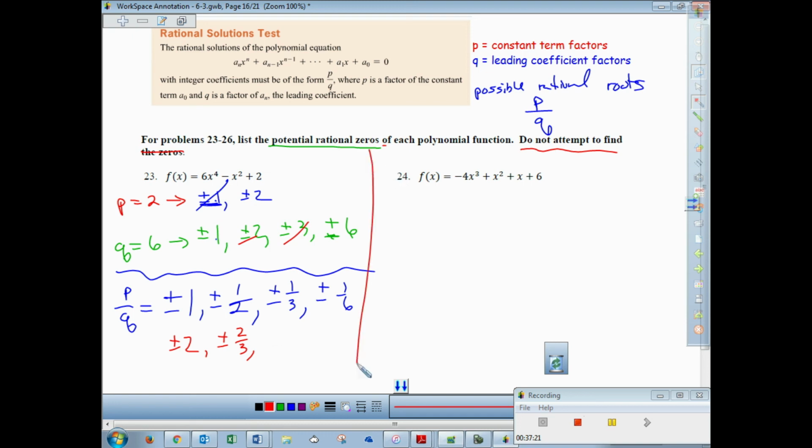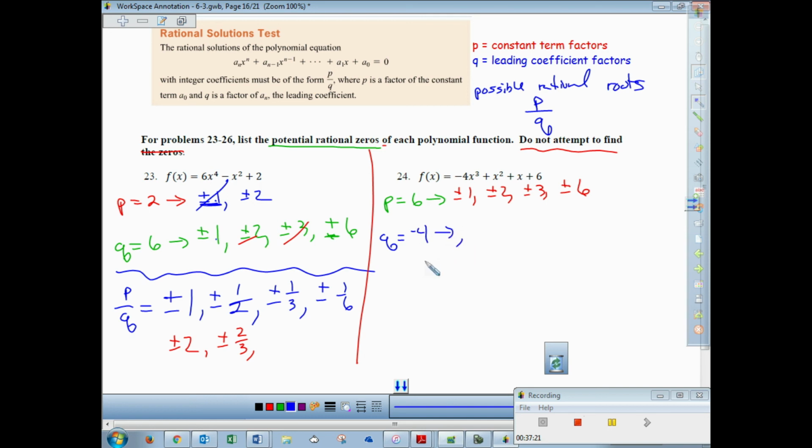Cool? Let's do 24. Who's the p-value? P is the constant term. He is 6, right? So all the factors of 6, plus or minus 1, plus or minus 2, plus or minus 3, and plus or minus 6. Then the q value is the leading coefficient, which is -4.